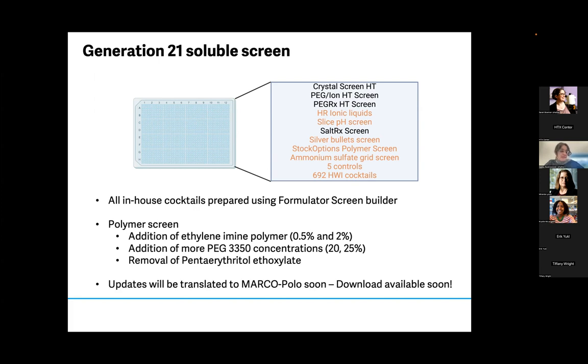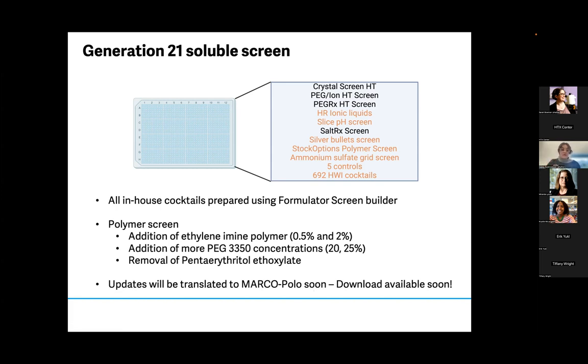And this comes at the cost of the removal of the pentaerythritol ethoxylate condition that used to be in the polymer screen. So if this was your favorite crystallization condition, I'm sure that it can still be ordered, but unfortunately is no longer part of our 1536 screen. So the updates in the screen are pretty dramatic, and everything on the plate has shifted.